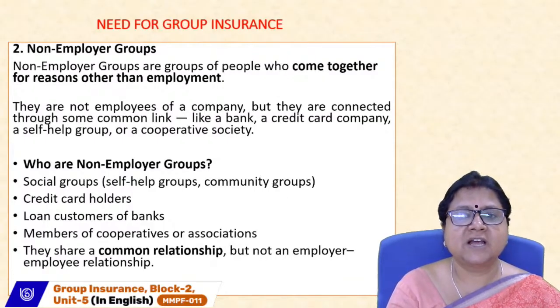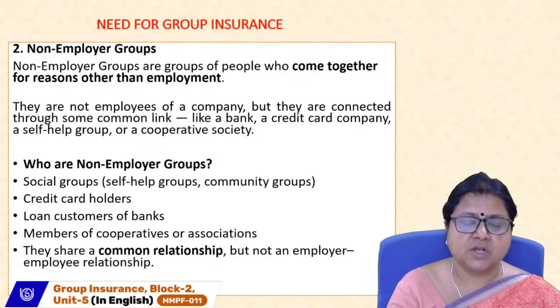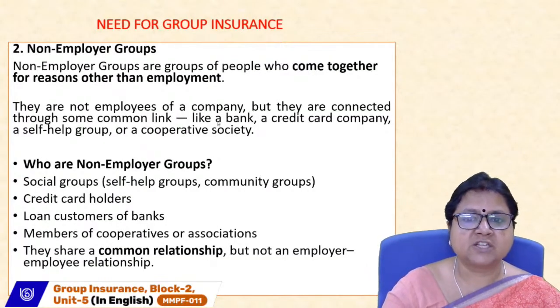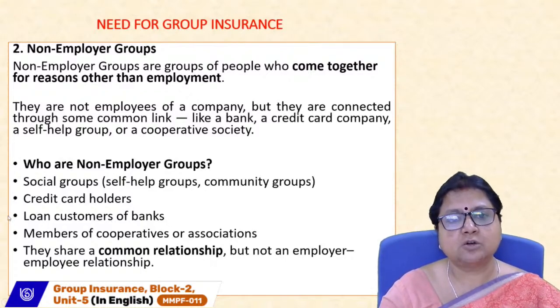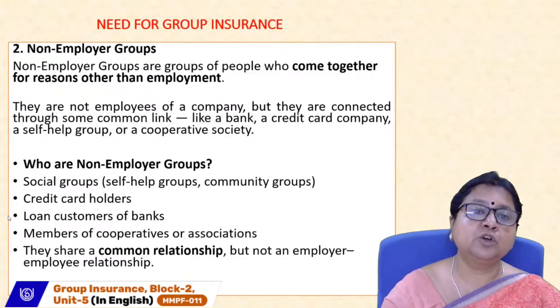Here they have come together for a common purpose, but it is not that you are an employee of an organization. They are connected through some common link, like a bank, a credit card company, a self-help group, or a cooperative society. So this type of groups or associations can also avail the group insurance.